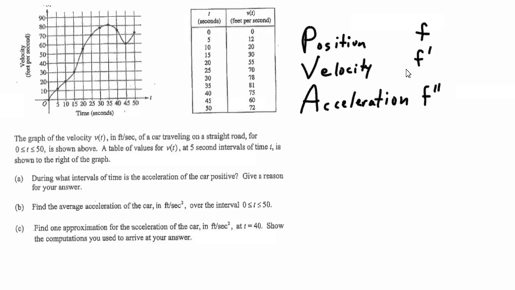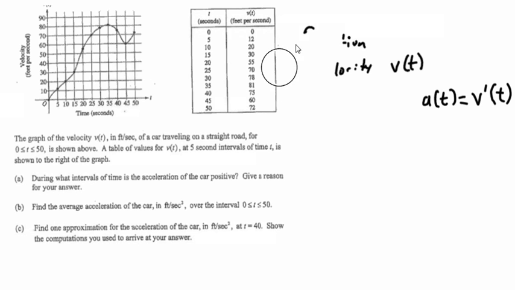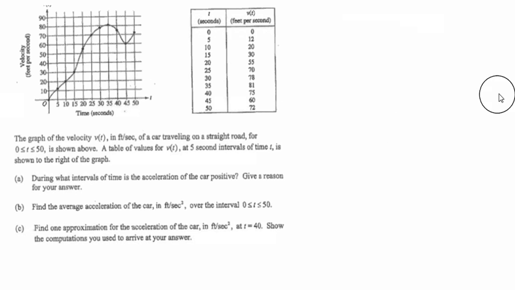And the relation between these two, velocity and acceleration, is that velocity sometimes is referred to as v of t, and acceleration is called sometimes a of t, which equals the first derivative, or v prime of t, the first derivative of velocity. So we're going to keep this in mind as we work these problems. And these problems are sanitized to only cover the differential calculus part of the problem and not the integral calculus.